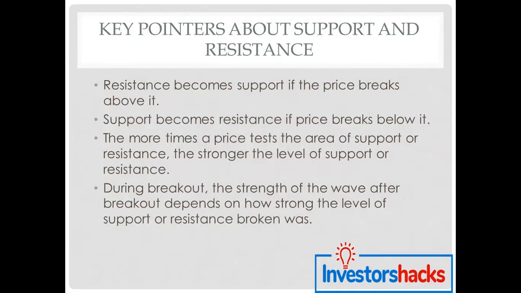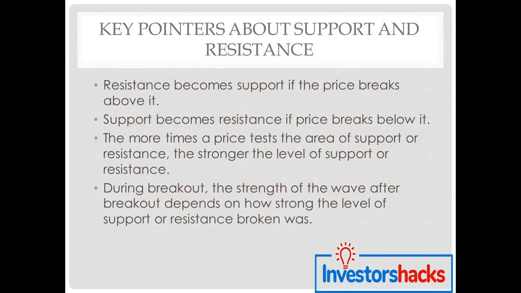During breakout, the strength of the wave after breakout depends on how strong the level of support or resistance broken was. So this means, let's say we have an area of support and the price retested that area 3 times before breaking. And we have another area of support and the price retested that area 6 times before breakout.